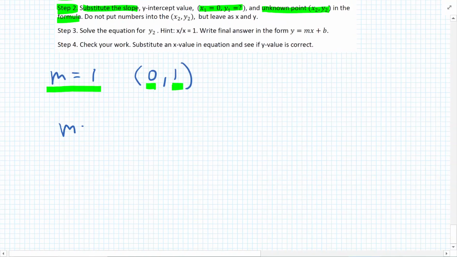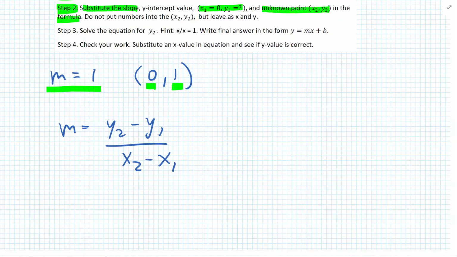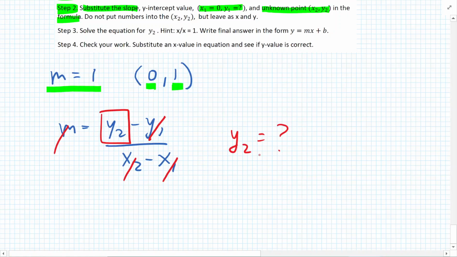Before we had slope equals y2 minus y1 all over x2 minus x1. And we boxed out the y2. We substituted in different values for the other terms, and we solved for y2 equals something. And we ended up learning it was equal to 1.